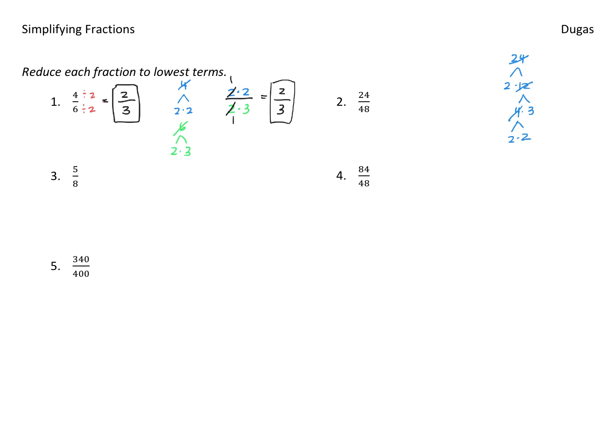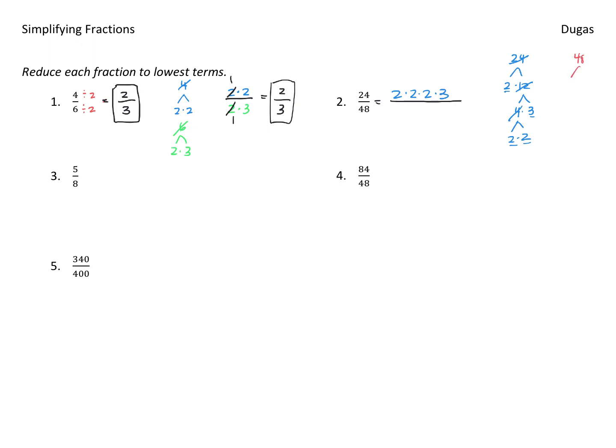So I can rewrite 24 as 2 times 2 times 2 times 3. So I have 3 2's and a 3. And now I'm going to do the same thing with 48.